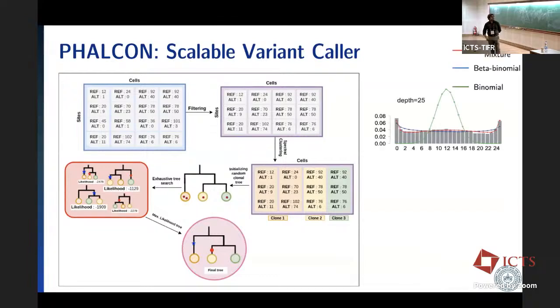Okay, so there are some things that are different. Again, for the sake of time, I will not be able to go into the details. What we did change is the likelihood model of how we model the read count distribution. Here we are using a mixture of beta binomial distributions, based on the observation that this is how the variant allele frequency actually looks.